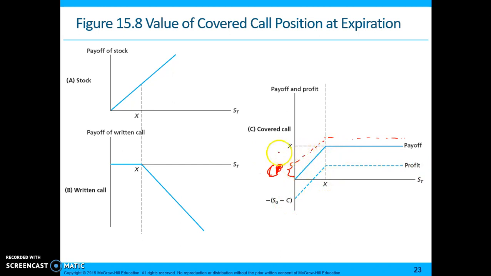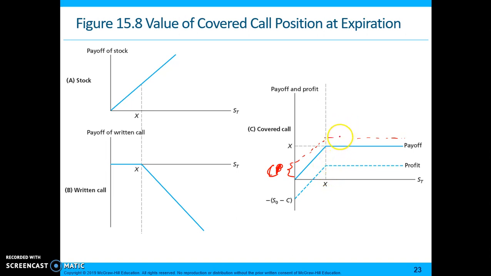What a covered call does is boost the profits with the receipt of the call premium, but it also limits the upside. Think of an investor who owns Microsoft stock at $90 and expects it to go to $100 before the call expires.